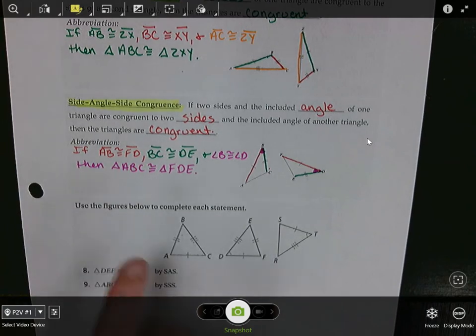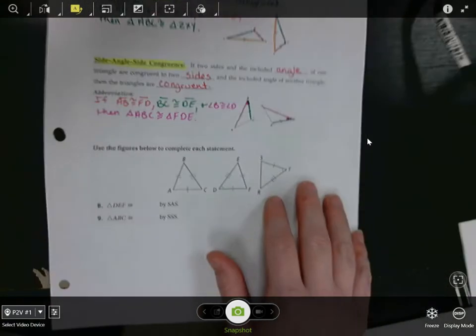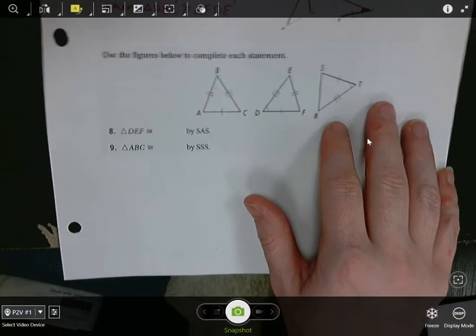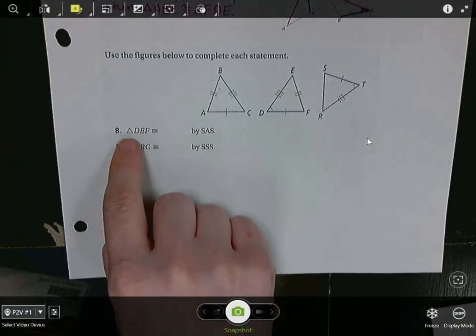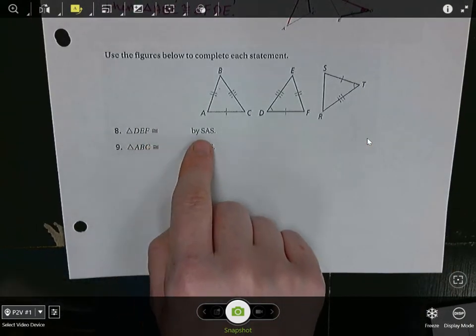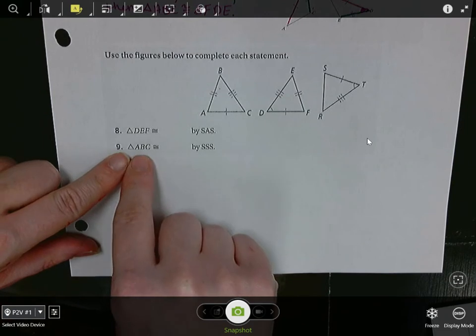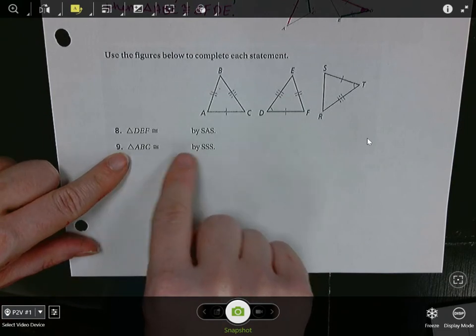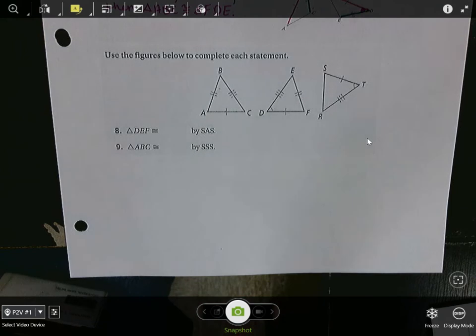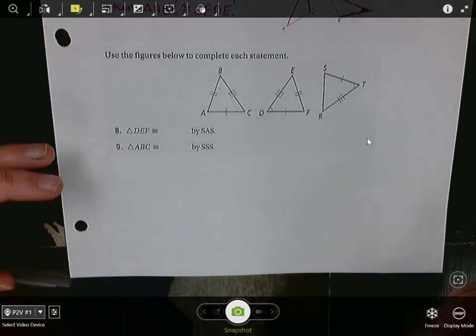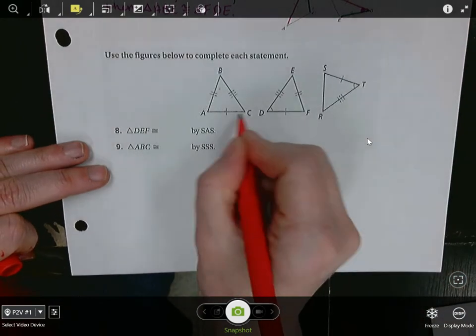All right, it says use the figures below to complete each statement. It says triangle DEF is congruent to blank by side angle side, and triangle ABC is marked congruent to blank by side, side, side. So here's what I would do. I would see what sides are marked congruent, and I would highlight those all the same color. So here's AC.